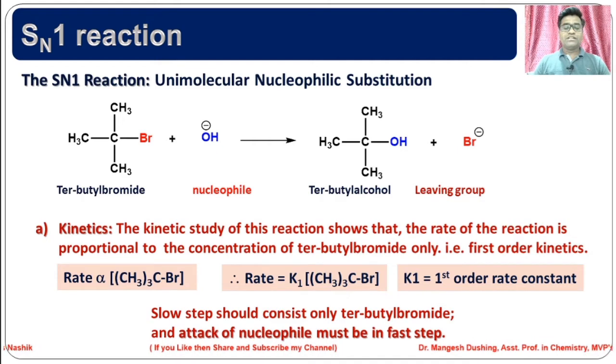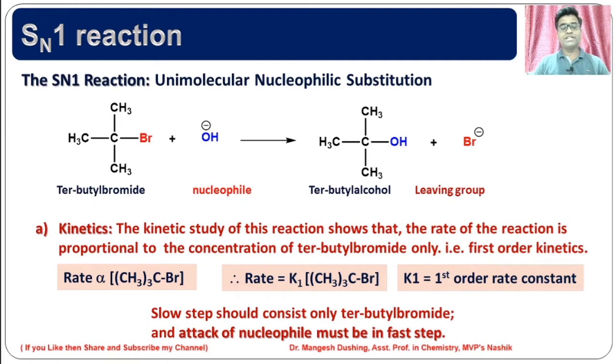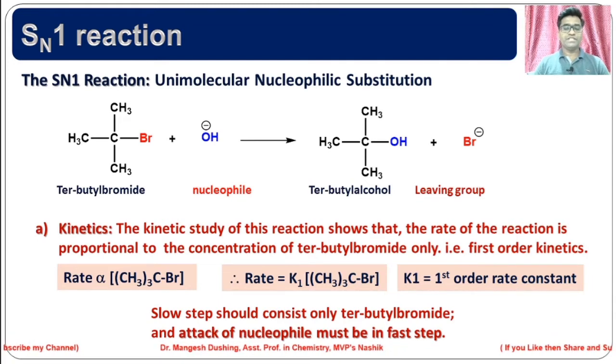shows that the slow step should consist of only tertiary butyl bromide, because the slow step is the rate determining step, as the rate of the reaction is directly proportional to only the substrate. It means that the attack of the nucleophile must be in a fast step, because the rate of the reaction does not depend upon the concentration of the nucleophile.